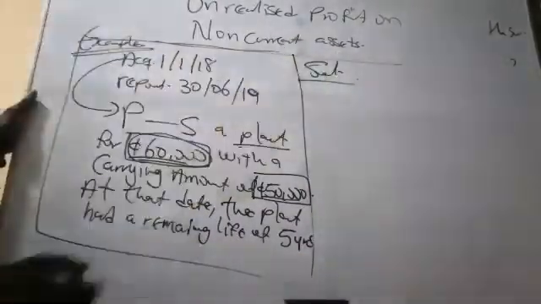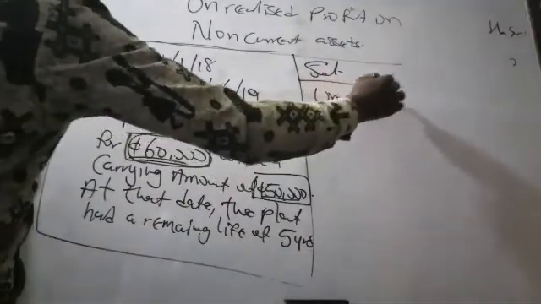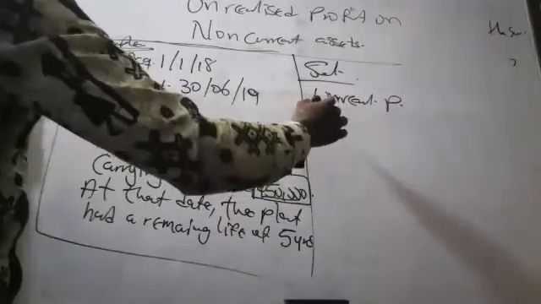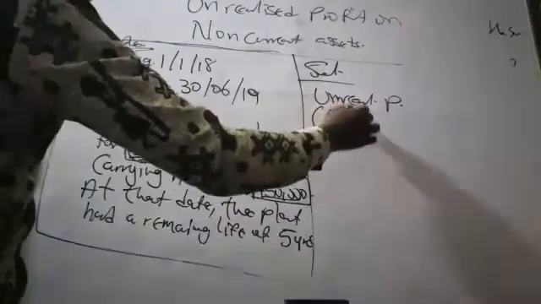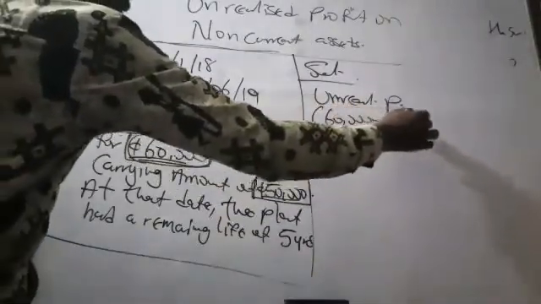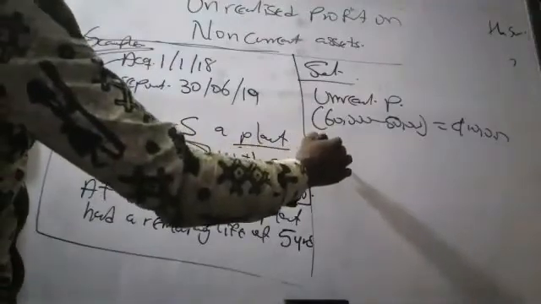Good. So solution. First of all, unrealized profit is equal to, in brackets, 60,000 less 50,000, which is equal to 10,000. So you know the treatment. Now let me go to the excess depreciation.